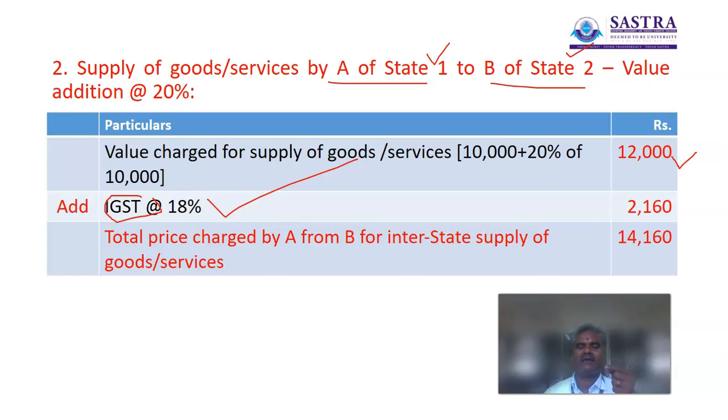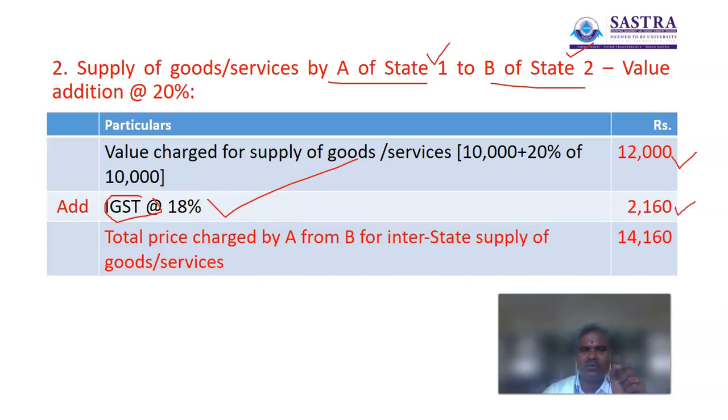But when we supply goods from one city to another city within the state, or one person to another person within the state, we have to charge CGST and SGST. But when we import goods, when we export goods, when we supply goods from one state to another state, here we have to charge IGST, my dear student, not CGST and SGST. Okay, so IGST is 2,160.